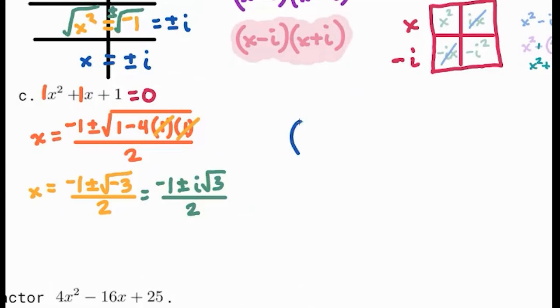So it's going to be x minus the plus version of this. Oops, that's a 3. That's the plus version because we're using the plus here. And then it's going to be x minus the subtracted version.